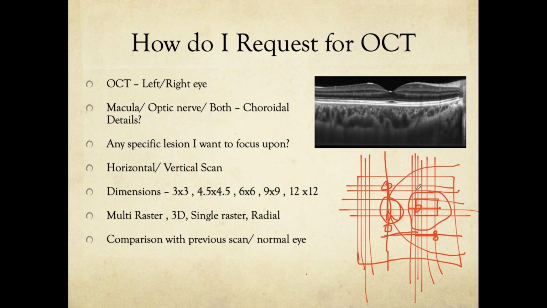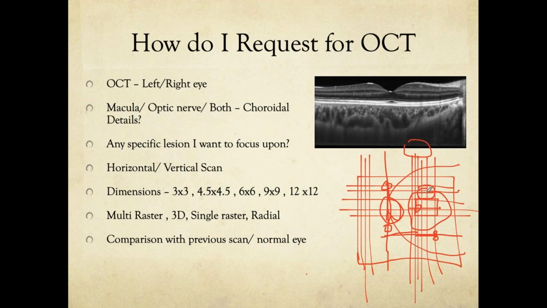Always in an OCT, when you have a lesion, always make a habit, as far as possible, of looking into how the junction looks, where the junction of the abnormal and the normal tissue is.